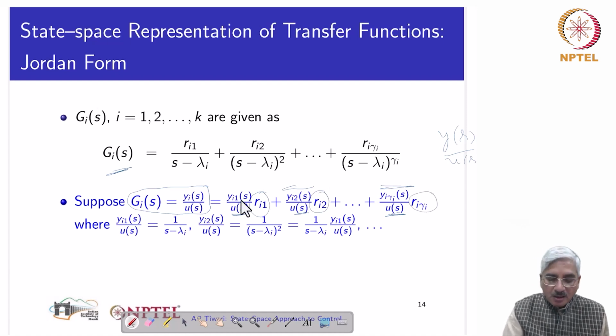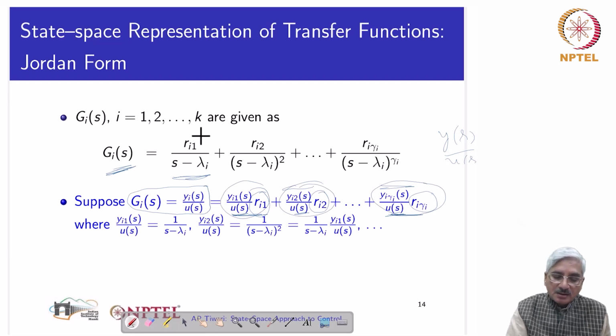So the output of the ith G comes as a summation of the outputs of these gamma i subsystems. And of course in that, the first one is Ri1 divided by s minus lambda i.